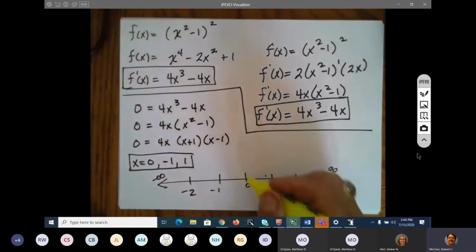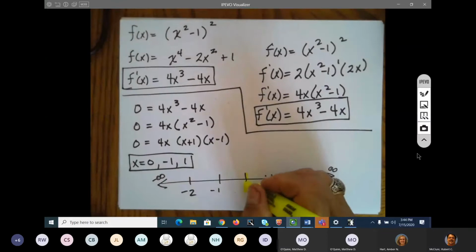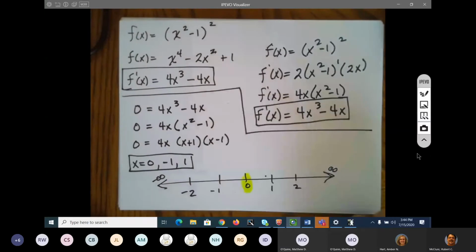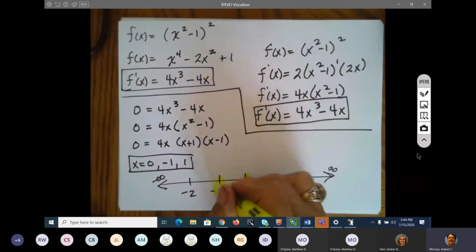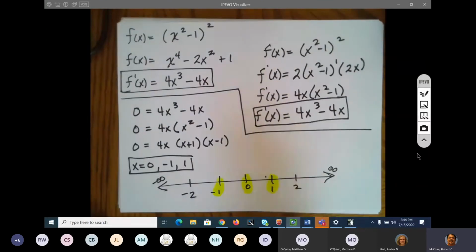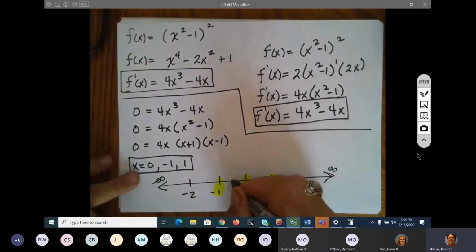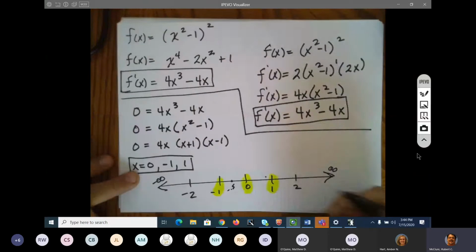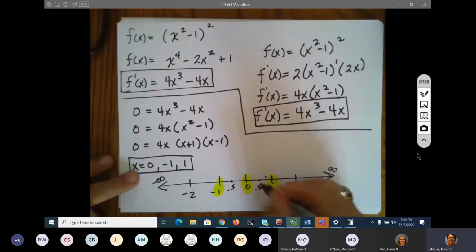So 0, negative 1, and positive 1. So we have to check 0.5 and negative 0.5, 2 and negative 2.